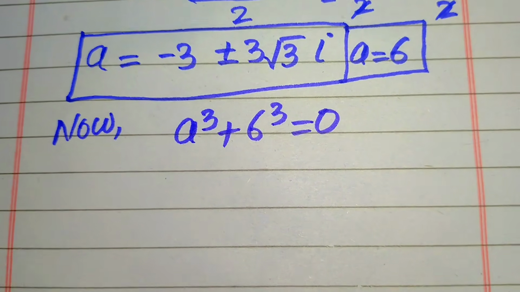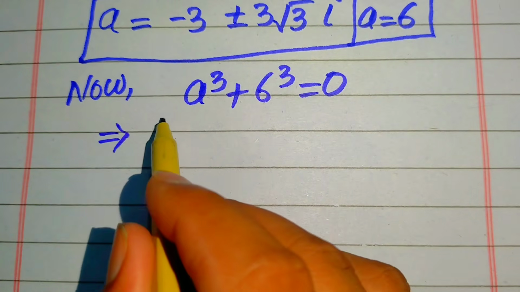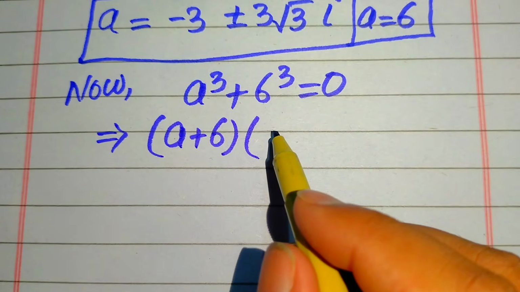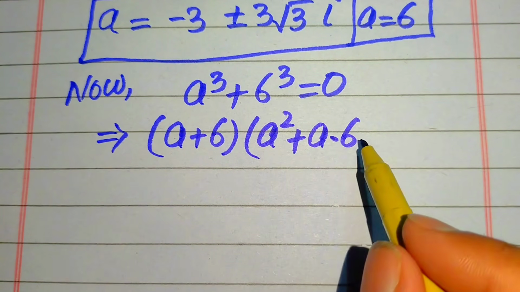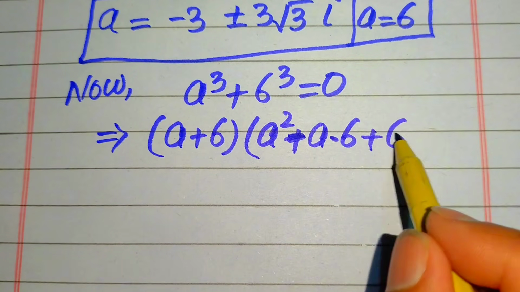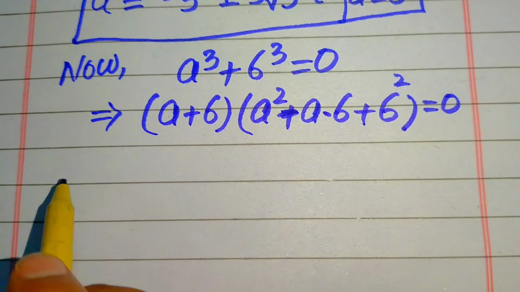So here we use the second cubic formula, and according to that we write this equation as a plus 6 times a square plus a times 6, a square minus a times 6 plus 6 square, and this whole equation equals 0.